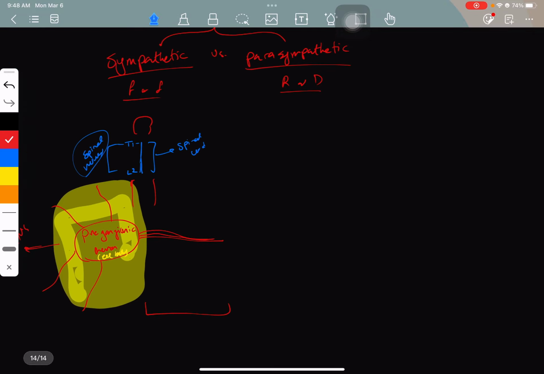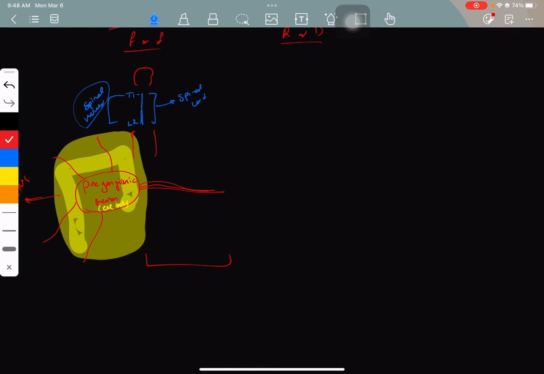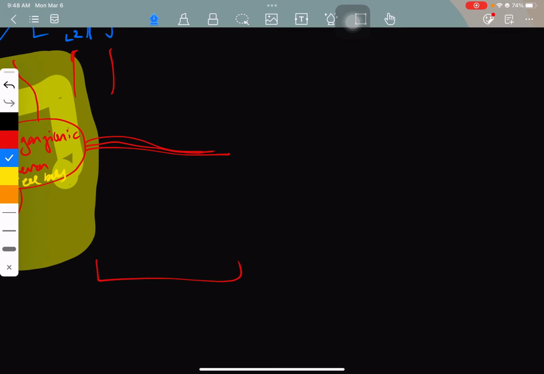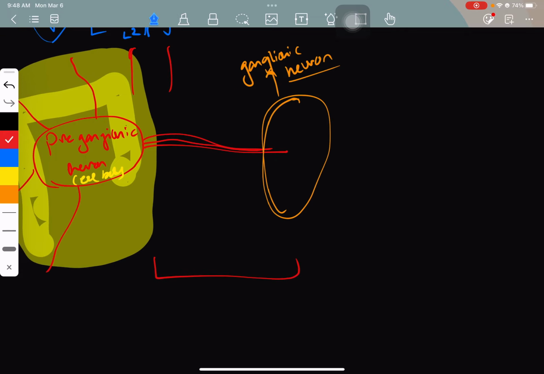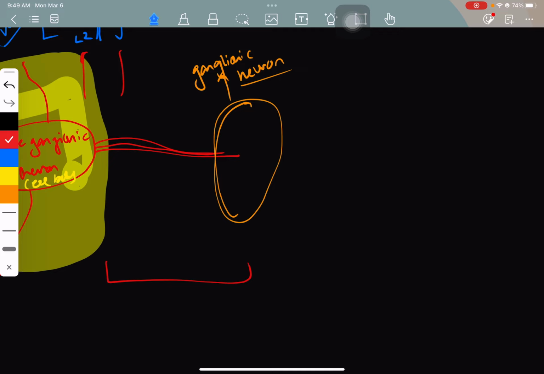But in terms of the sympathetic, we have something called the ganglionic cells, shaped like that, let's say. So that is your ganglionic cell, or neuron. And the preganglionic neuron has its neurotransmitters that it carries all the way. We have the ganglionic neuron, and we also have a postganglionic neuron.